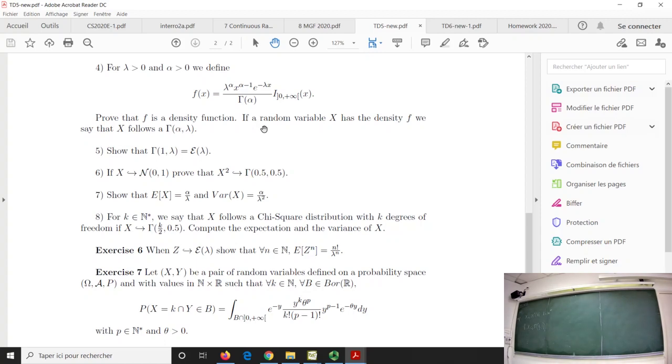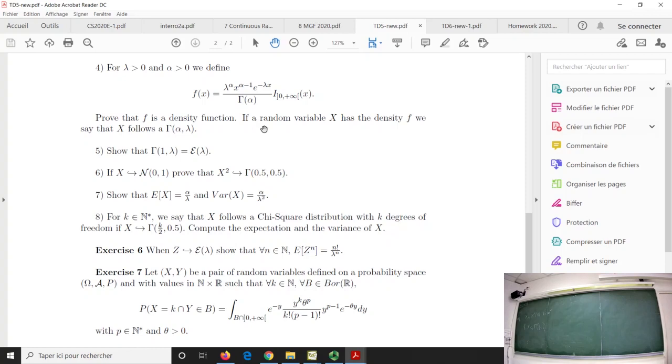For a chi-square of parameter k, we will see that in fact it is the distribution of the sum of the squares of k independent N(0,1). So you take x1 squared plus x2 squared plus xk squared, where all of them are independent and N(0,1), you obtain this density function. So a chi-square of parameter 1 is just the square of N(0,1). The chi-square of parameter k will be the sum of the squares of k independent N(0,1). I will do the job in a few minutes, next session.